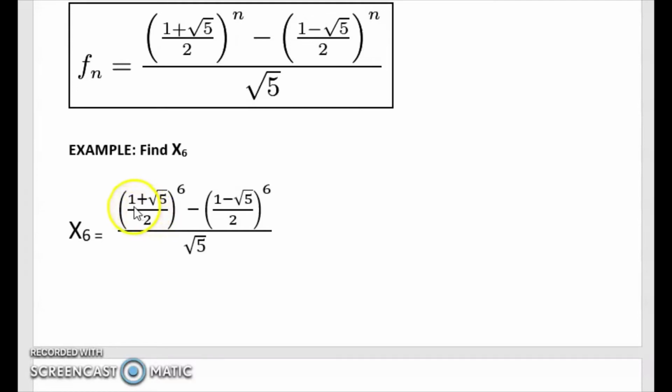Using the scientific calculator, we will first get the value of 1 plus the square root of 5. Then equals. Then you can see the answer on your calculator.